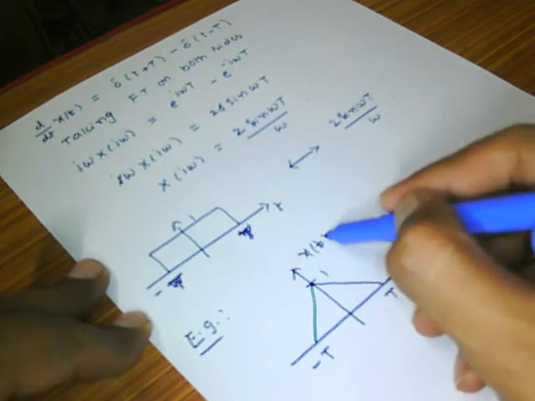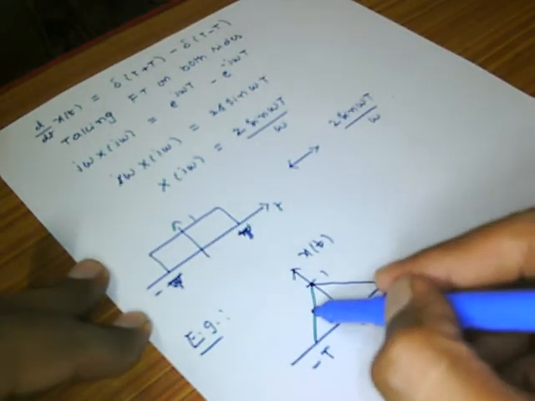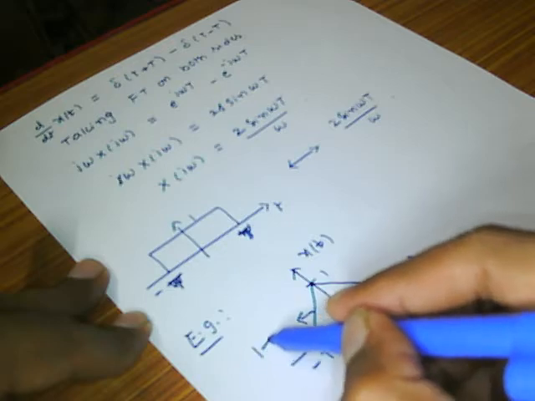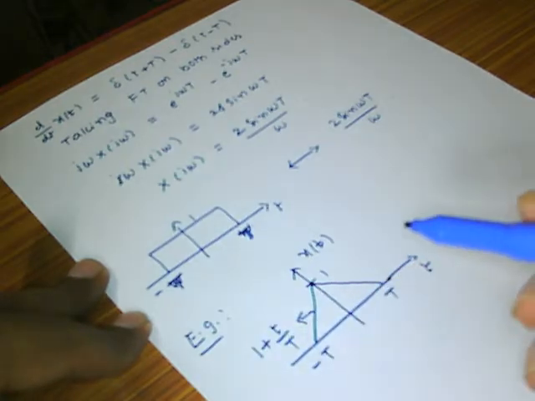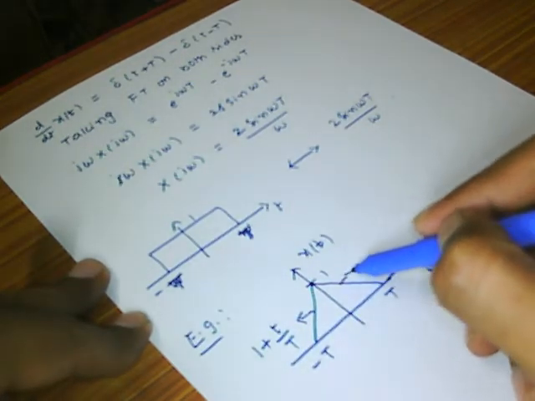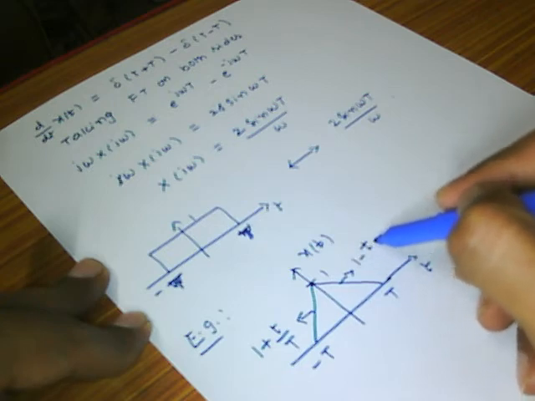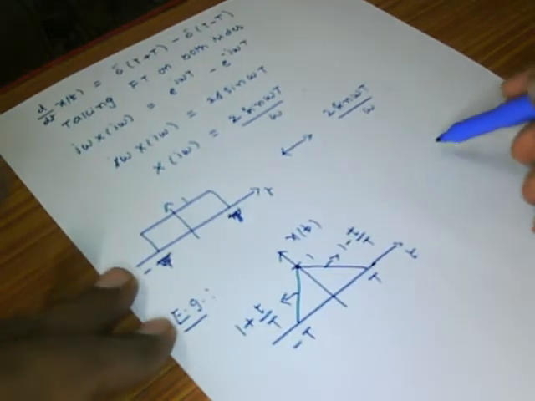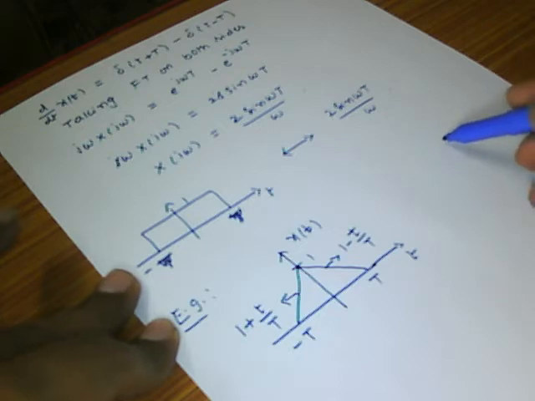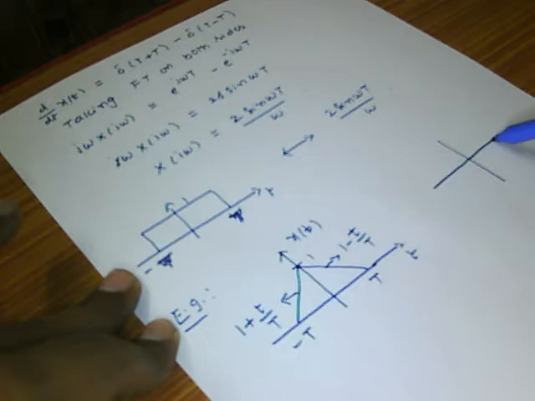The equation of this line will be 1 plus t by capital T, and the equation of this line will be 1 minus t by capital T. If you differentiate this once, how does the waveform look?